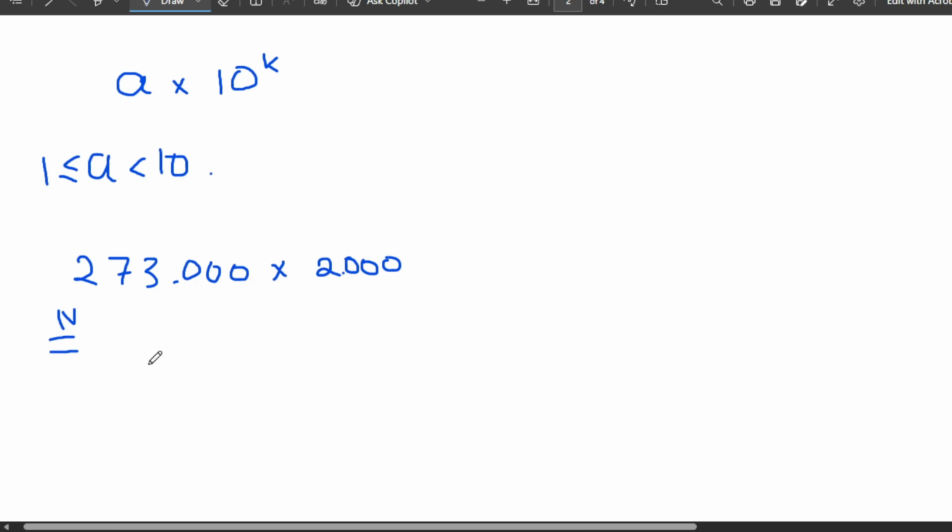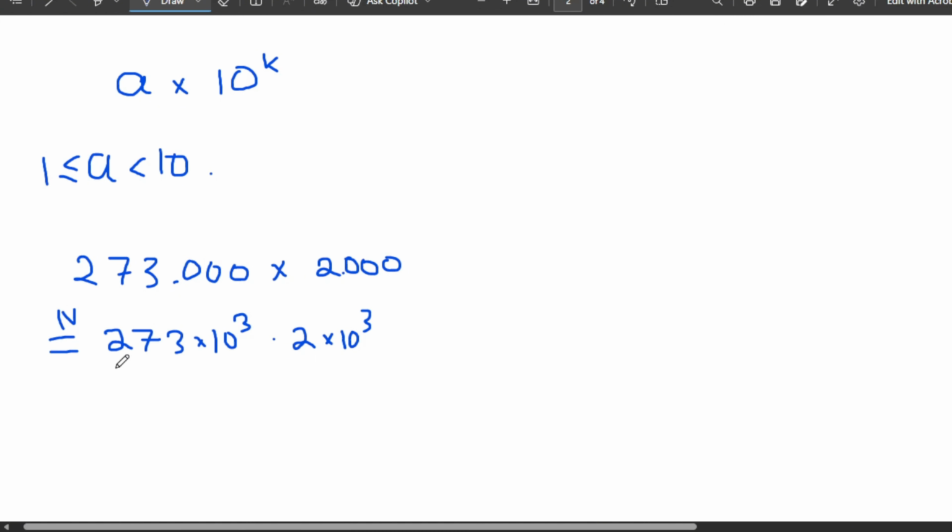Let's do 273 first. We convert the zeros into a power of 10, so 10 to the power of 3 for 3 zeros. Okay, 273 times 10 to the power of 3 times 2 times 10 to the power of 3.